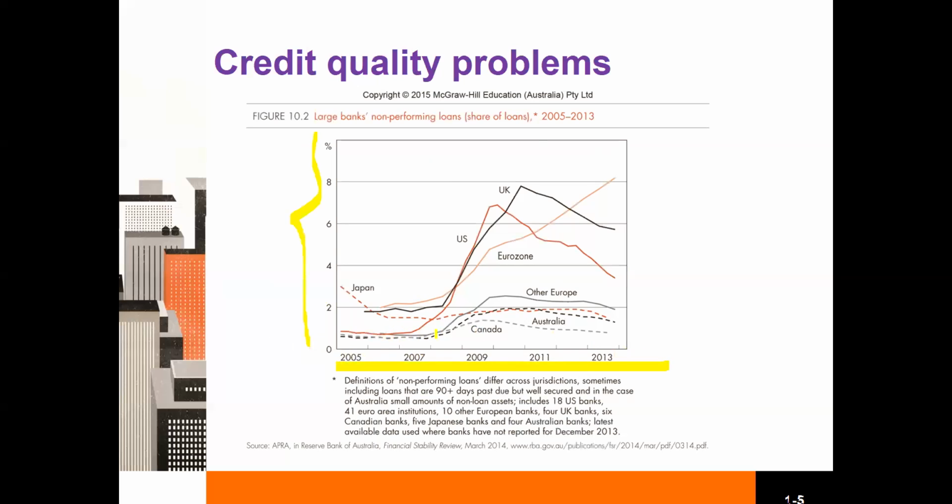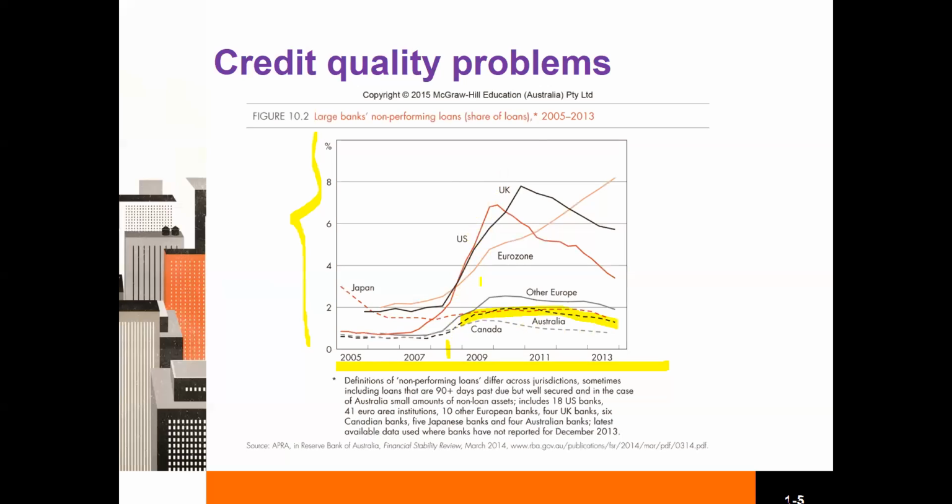And you can see that during the global financial crisis, non-performing loans increased for almost all the countries. However, compared to Australia, which is indicated by this black dotted line, you can see it is much lower compared to what was experienced by the US, UK, and Eurozone.